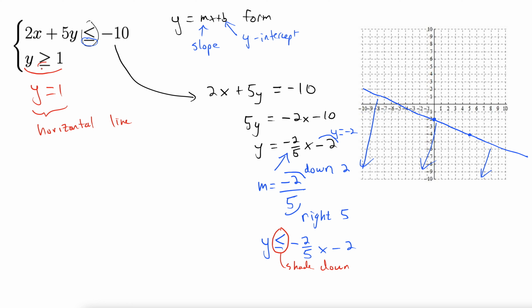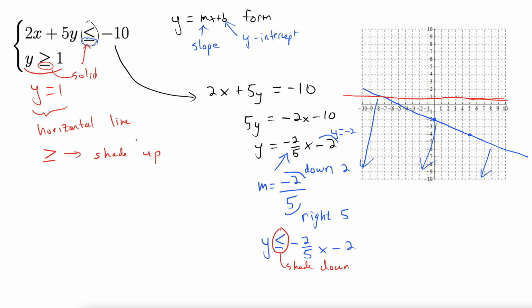It's going to be solid again because of this equal sign here. That tells us we're solid. And this also told us we're solid. Okay, so let's do that. We have a horizontal line through 1. And it's greater than. So since it's greater than, we shade up.